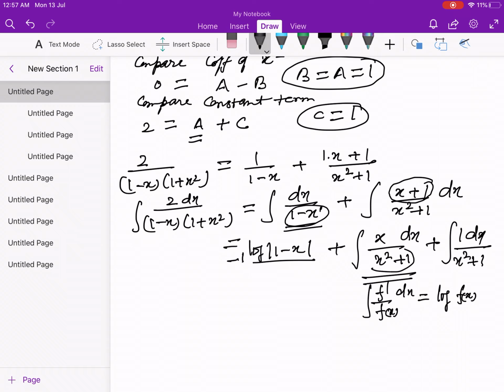What is the derivative of 1 plus x square? It is 2x, but we got x. So what can we do in the next step? We divide outside by 2 and multiply inside by 2 to create the derivative.